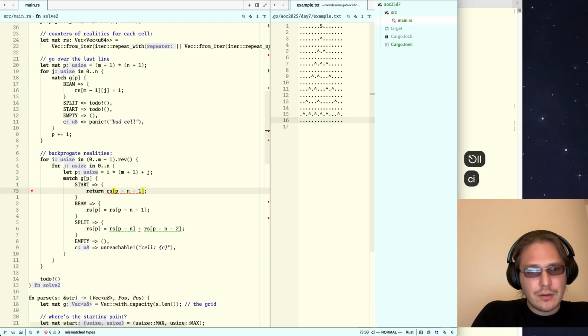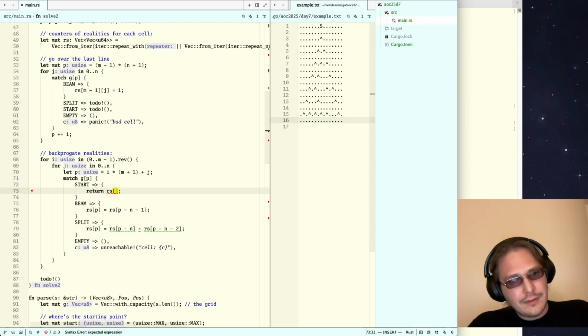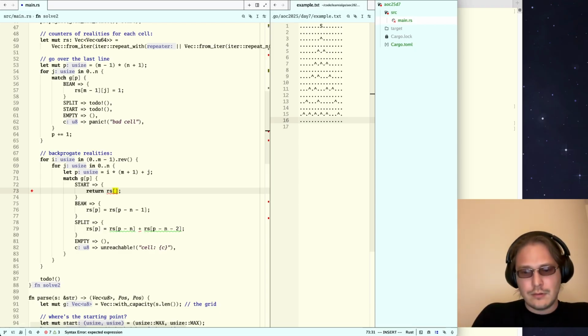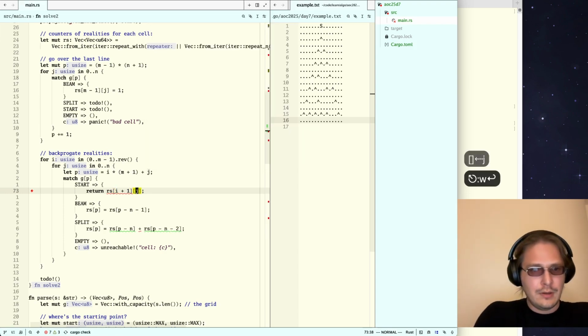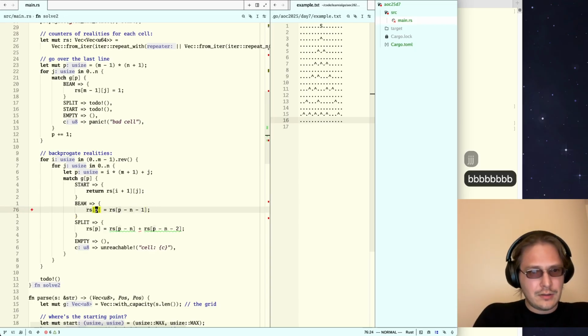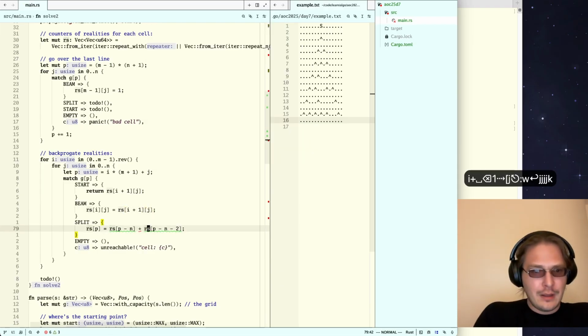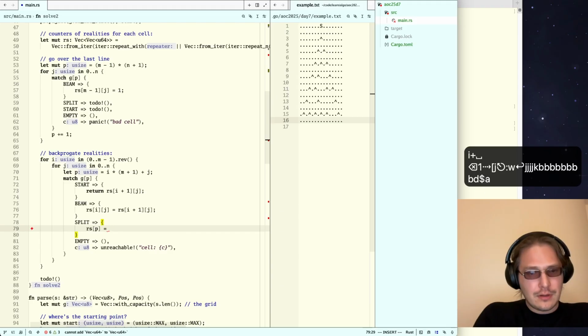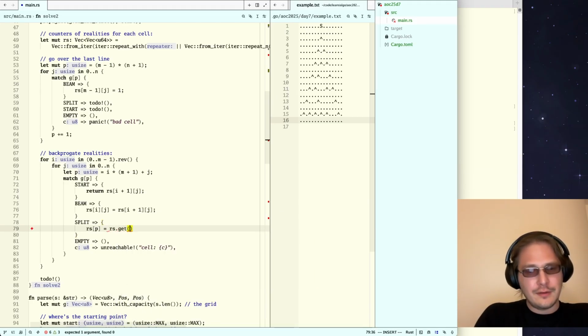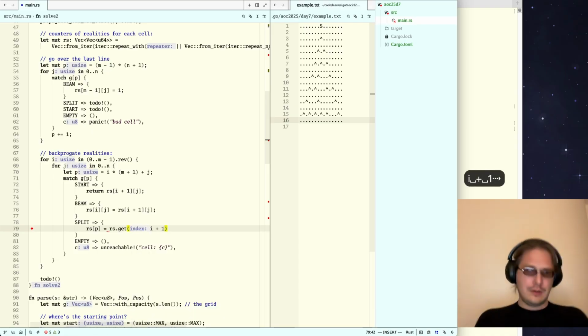so what did I want to say here? I wanted to say that we replicate the number of realities one position below, yes, and if it was a beam, then we replicate at ij the number of realities from down below, and in this case we try to get i plus 1's row.